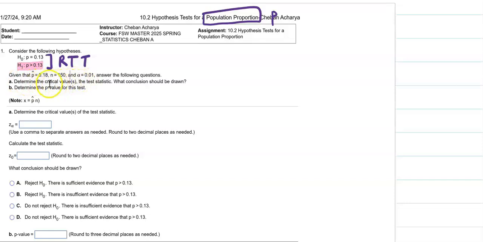I'm going to mention later why there may be more than one critical value. And the test statistic, what conclusion must be drawn. You have to answer three parts here: critical value, test statistic, and the conclusion. And finally, you determine the p-value for the test. I'm going to show you all of this in this problem.